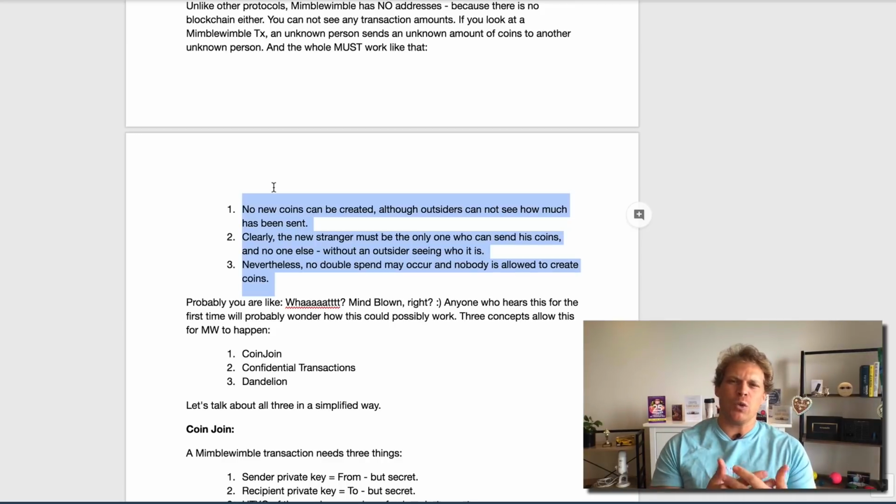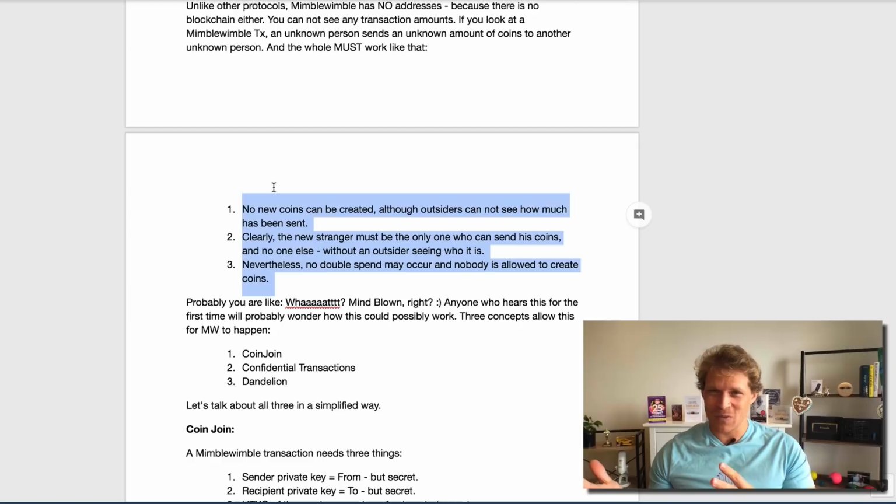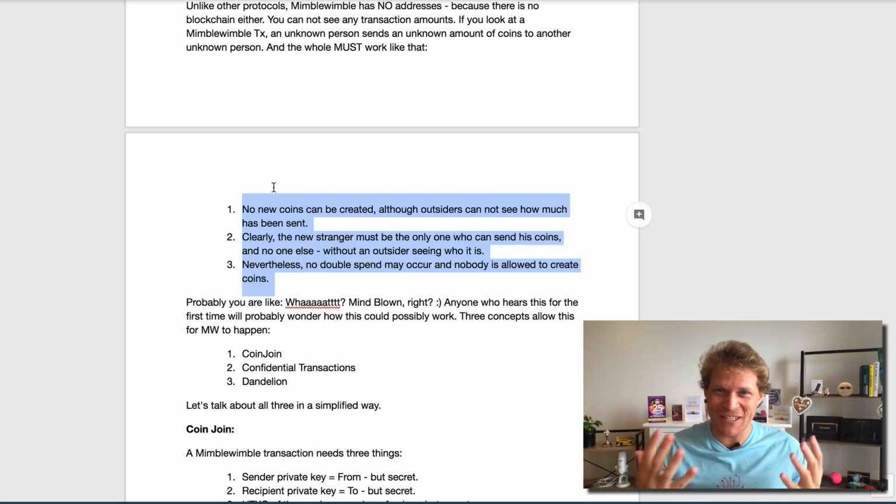Now, here's where it gets interesting. Bitcoin does this because it's so transparent, people can track all these things. In Mimblewimble, the exact opposite happens. There are actually no public addresses. You also don't see transaction amounts. You don't see froms and tos. So you don't know who is sending how much to whom, but you are supposed to trust this system.